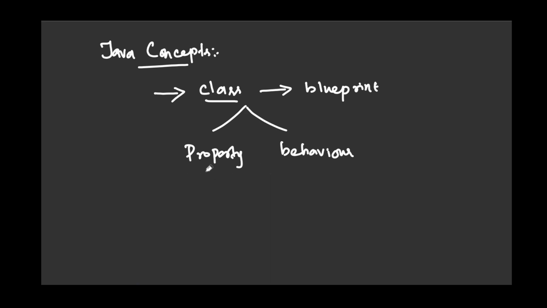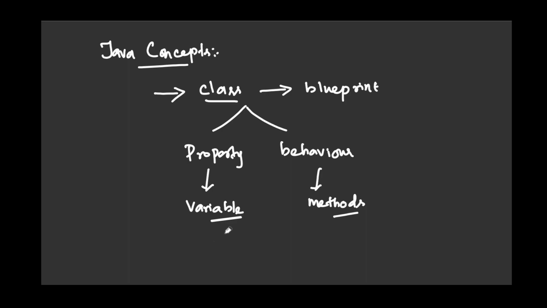So what is a property? In layman's terms, we can say a variable is a property. The methods are what we use to define the behavior of those properties. For example, consider an employee.